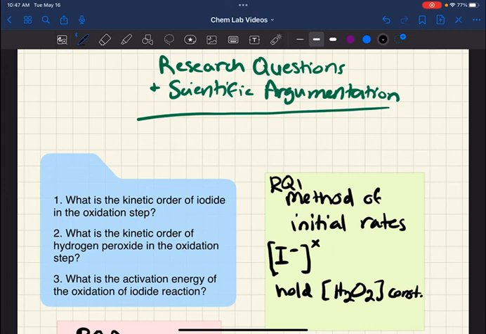Like if you got an order that is not 0, 1, or 2, you should be able to say that there must be some error present here and maybe come to some conclusion as to possible sources of error that led to that result. But this is not about getting the right answer. This is about logically arguing based on your own experiment. And so hopefully that's helpful preparing you for this experiment.